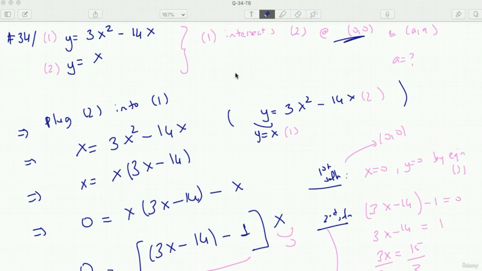The last point I want to add is that the SAT could give us these two equations and say here is a nonlinear system, because this is second degree and this is just a line, first degree, and solve for the solution set.